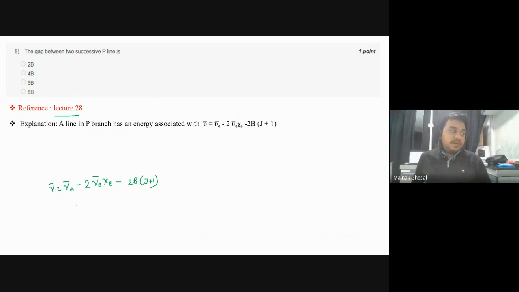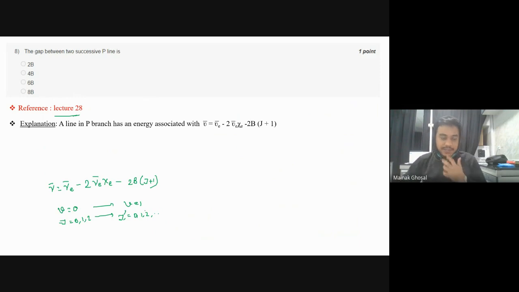As I have stated earlier, every vibrational state is associated with some rotational states. So if there is a transition from V equals 0 to V equals 1, then there will be a transition from J equals 0, 1, 2 to J prime equals 0, 1, 2 etc. Okay.